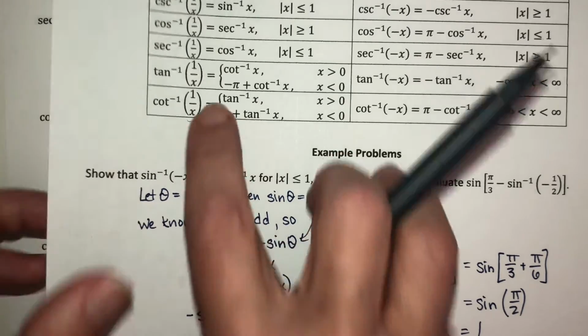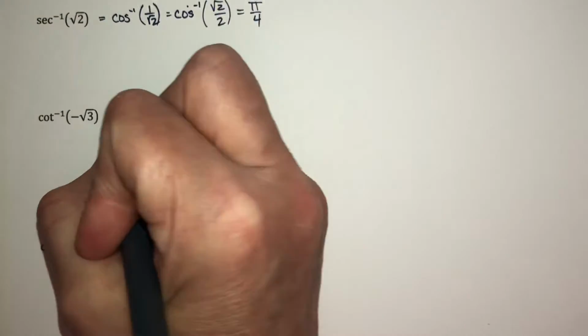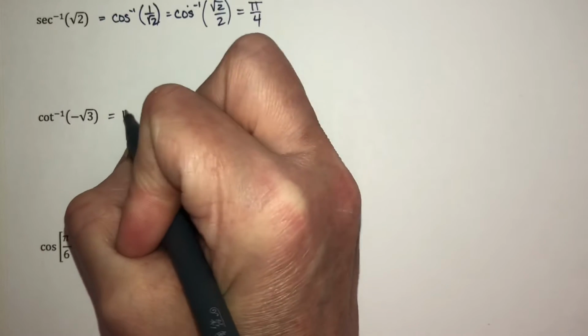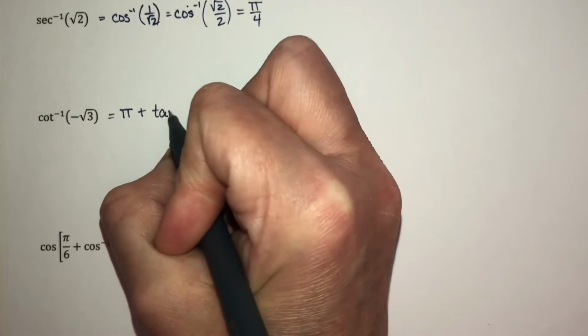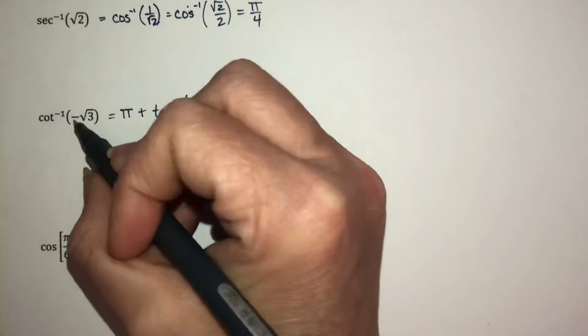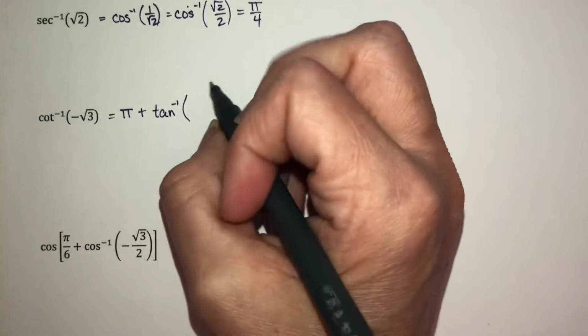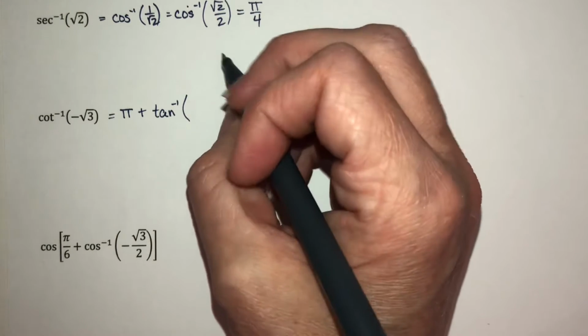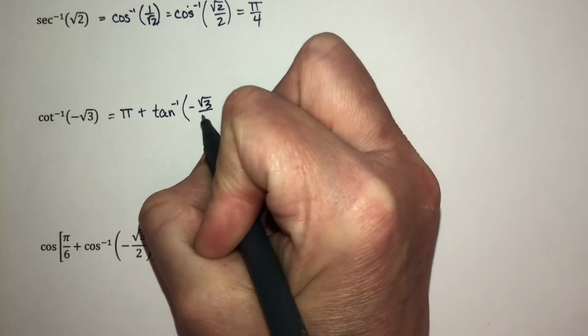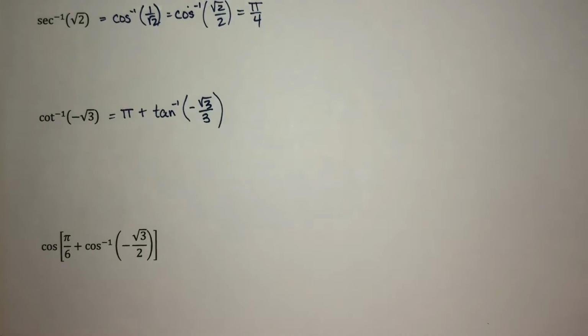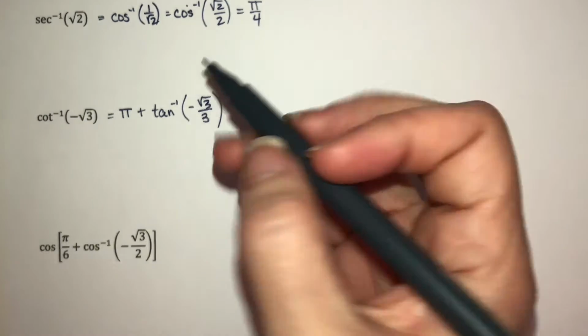So this is equivalent to pi plus tangent inverse of the reciprocal of this, which is negative square root 3 over 3. Okay.